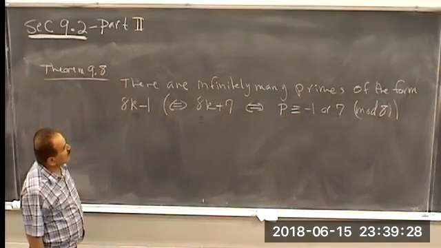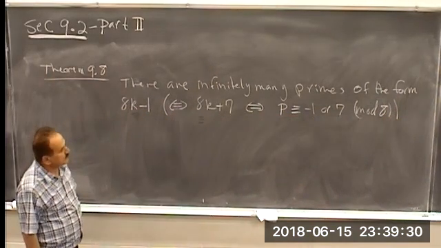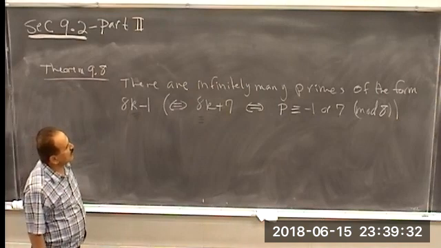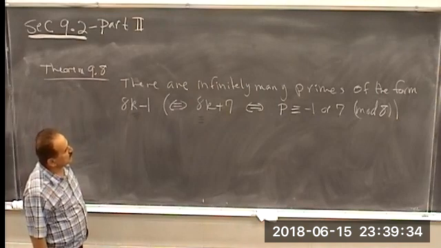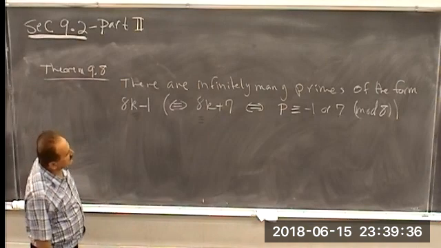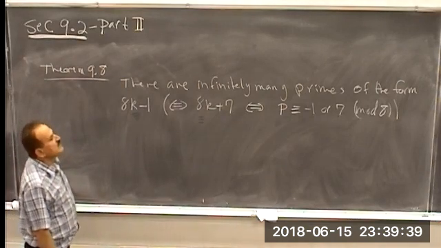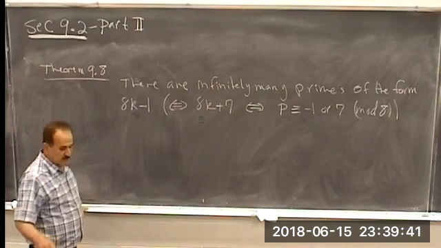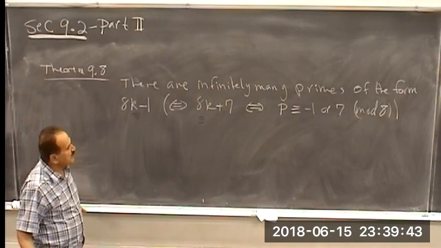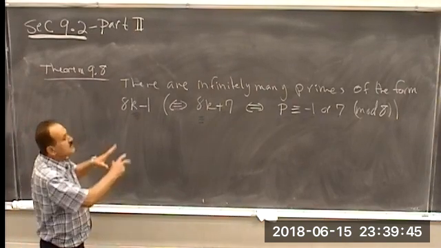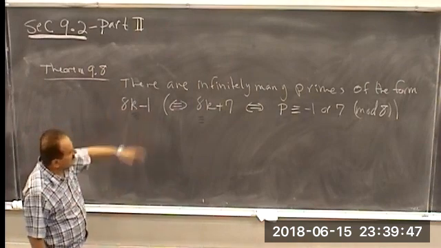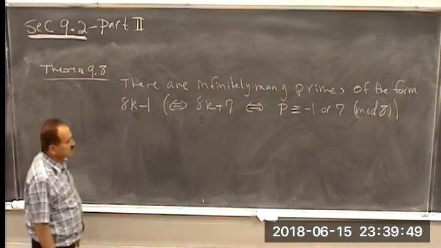Now remember all these types of theorems which say there are infinitely many primes of a certain form. They are special cases of a very, very important theorem by Dirichlet, which says that there are infinitely many primes in an arithmetic progression.